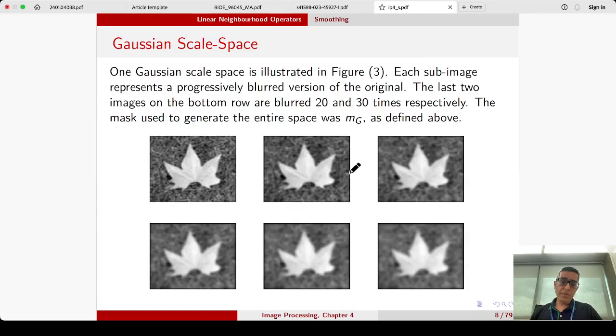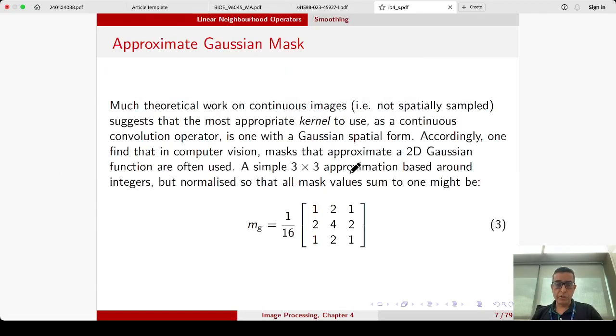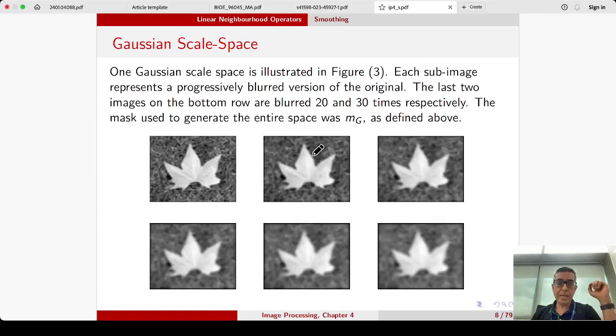One of the things we can do with filtering with a Gaussian mask is to apply the Gaussian mask once, then take the output of that smoothing operation and apply the mask to that again, preserve the result, apply the mask again to that result, etc. In which case you get a cascade or a series of images, each of which represents a blurred version of the original image with a Gaussian mask, but with a wider degree of blurring, or effectively using a fatter Gaussian.